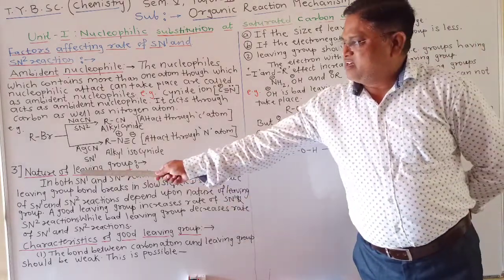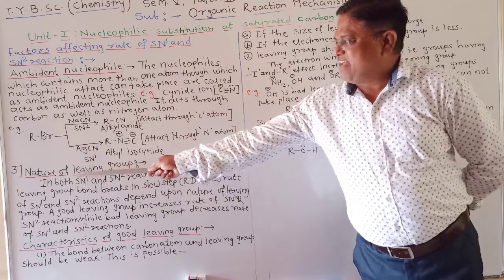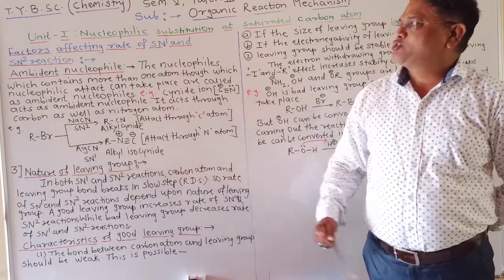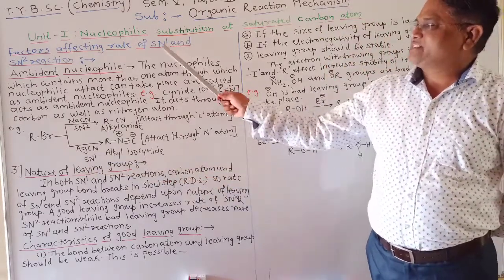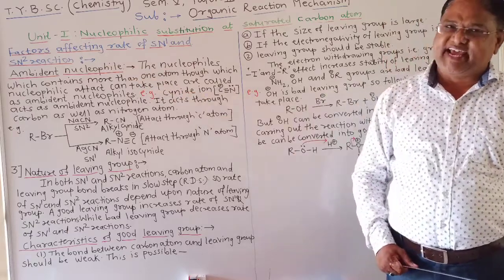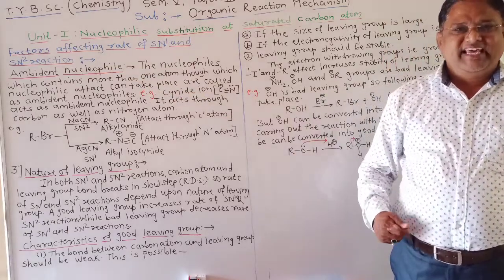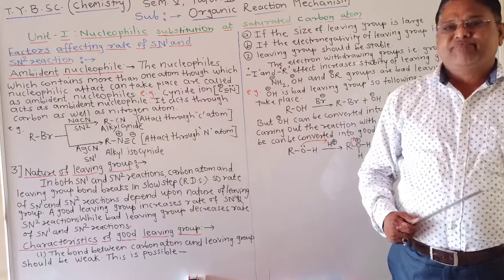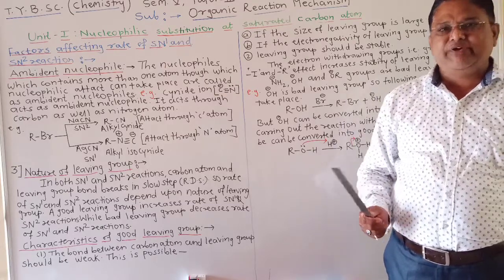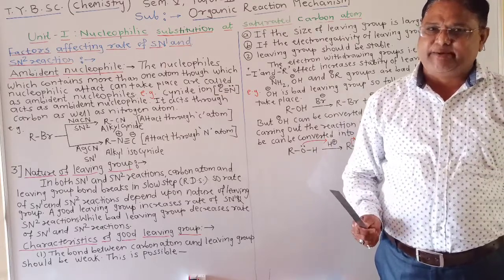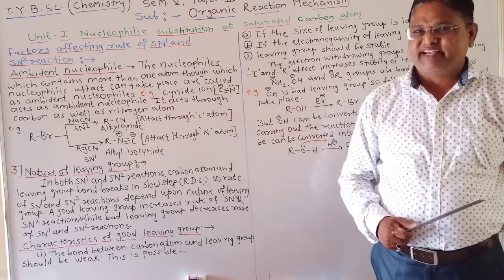Now the third factor, that is nature of leaving group, also affects the rate of SN1 and SN2 reactions. In both SN1 and SN2 reactions, the bond between the carbon atom and the leaving group breaks in a slow step called the rate determining step.